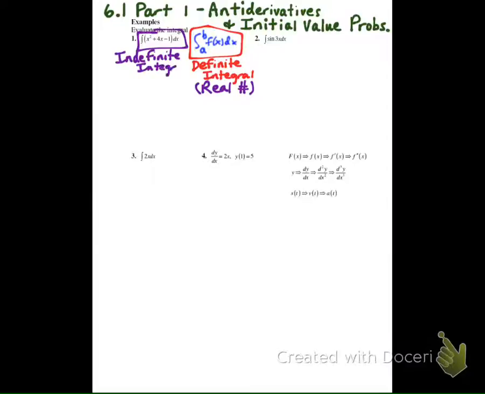And that's exactly what it is. An indefinite integral, as opposed to a definite integral, is an integral where we don't get a number. It's actually a function. An indefinite integral is a family of functions, of which we can find an infinite number of antiderivatives. So let's take a look and see how we do this.